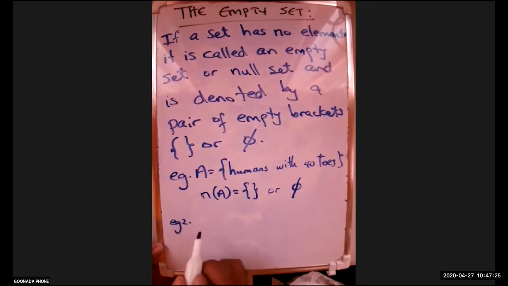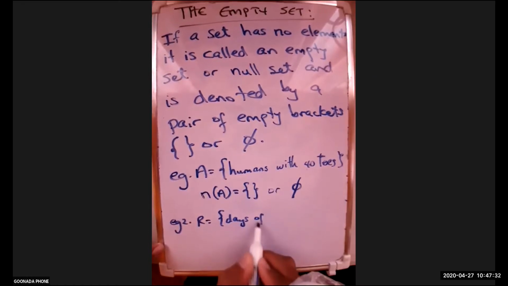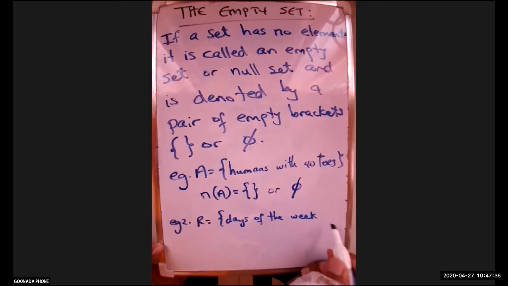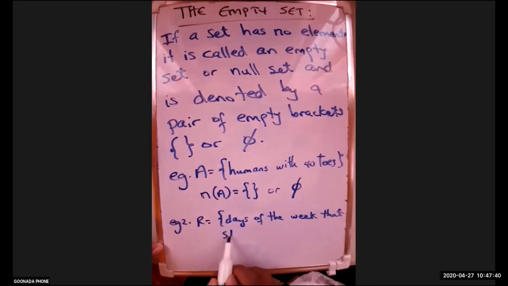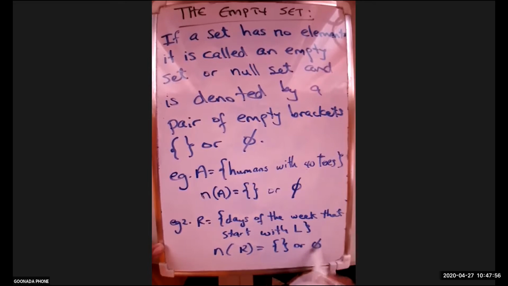For example, R are days of the week that start with L. So the number of elements in R is equal to the empty set or phi.